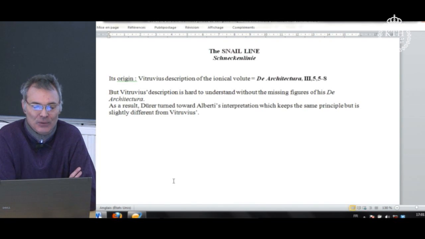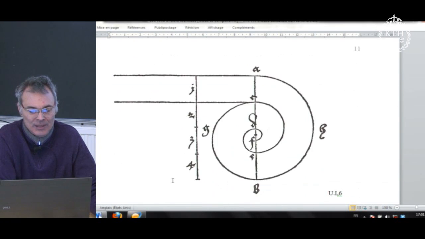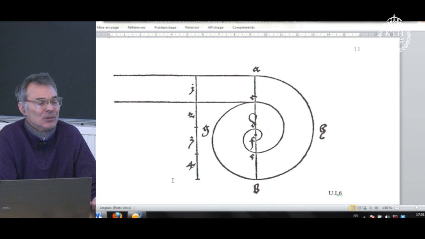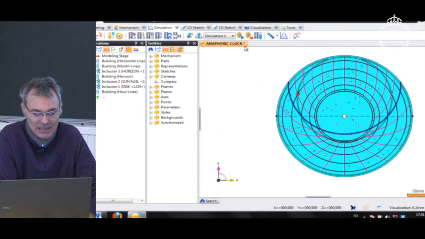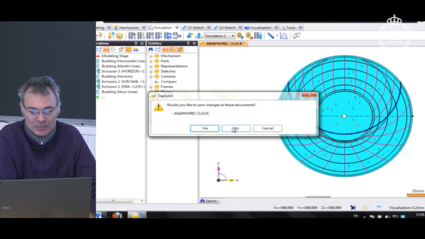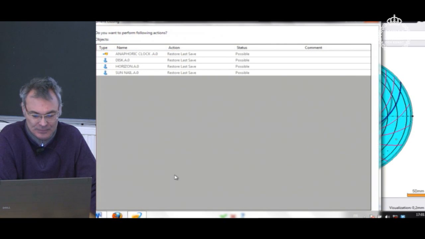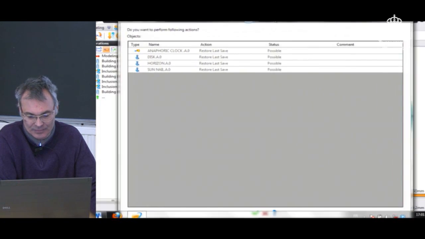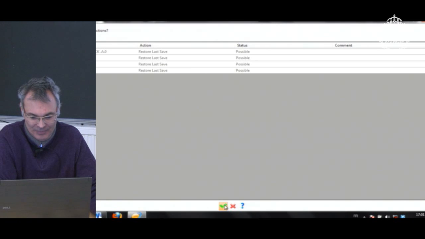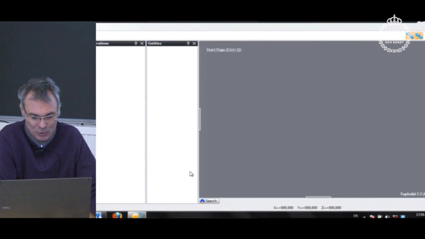And start with the snail line, which is actually, the first one is an Ionic volute taken from the De Architectura. So let's see how it looks. The screen is reduced because there is a projection.